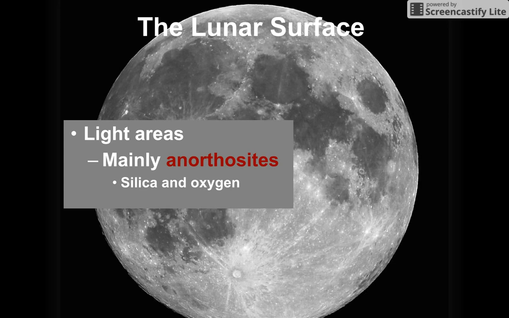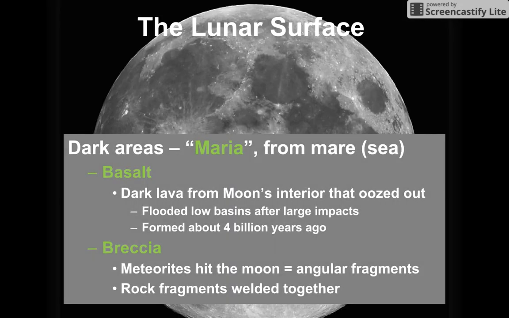The lunar surface is made up of a few different types of rock. The lighter areas that we see on the moon that faces us are mainly anorthosites, which are silica and oxygen-based minerals. The dark areas, or maria, from mare, are basalt.